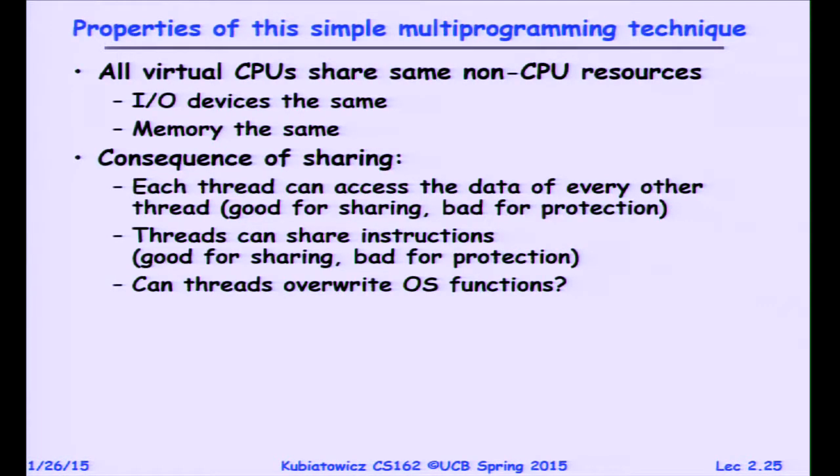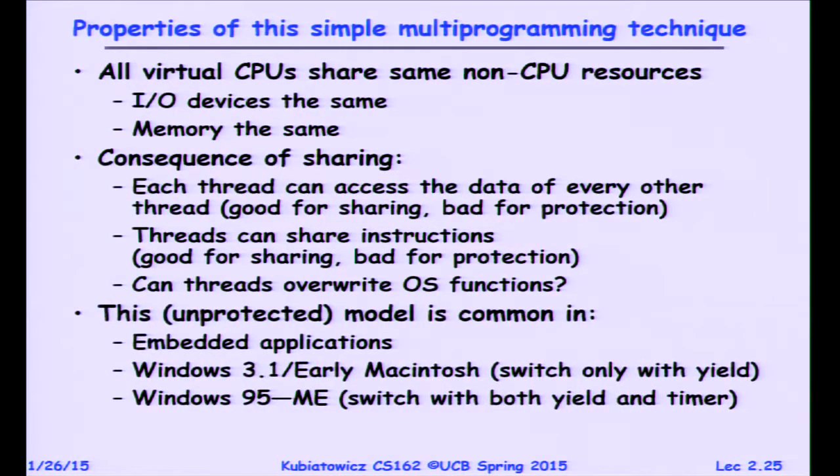Thread number 1 has its memory. Thread number 2 has its memory. They're in the same address space. No problem. Okay, except when you care about things like threads overwriting the operating system or threads overwriting data from another program. So you can start to see why this is very simple, but it's not really what we want in the grand scheme of things. Okay?